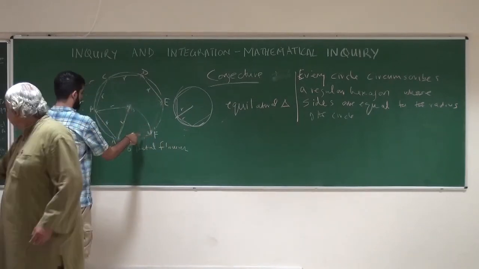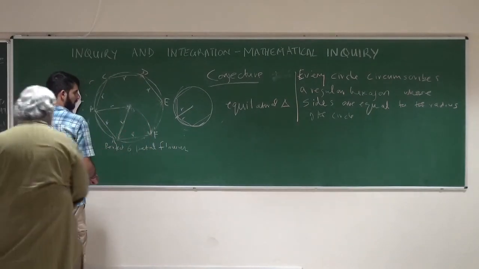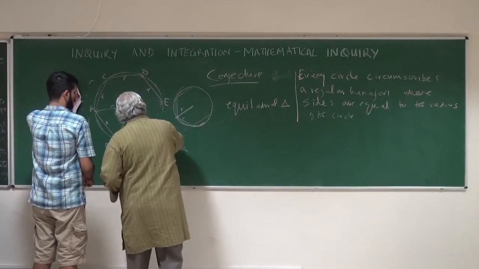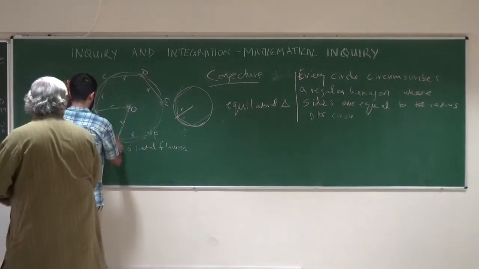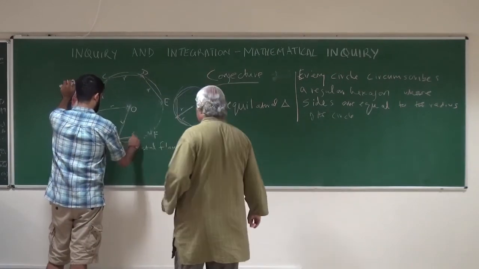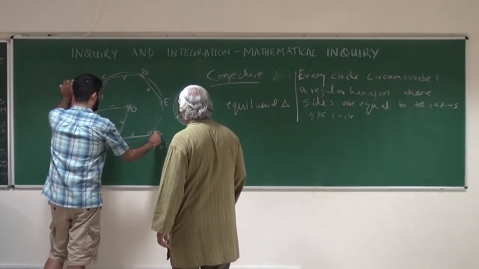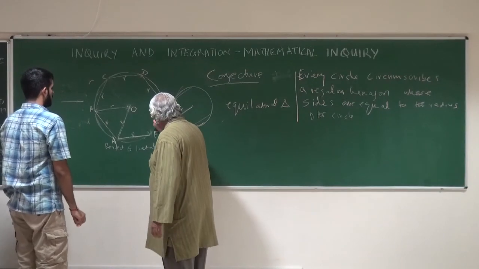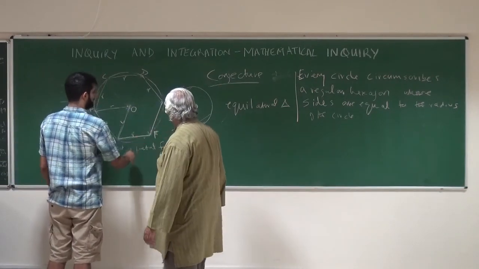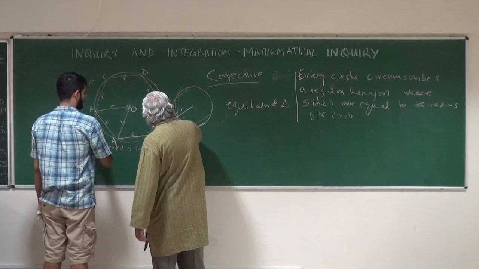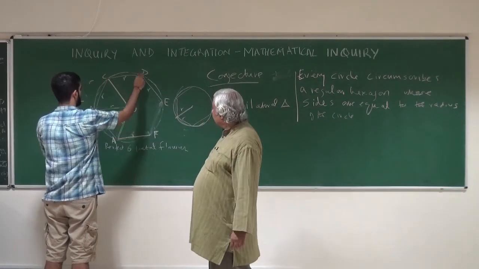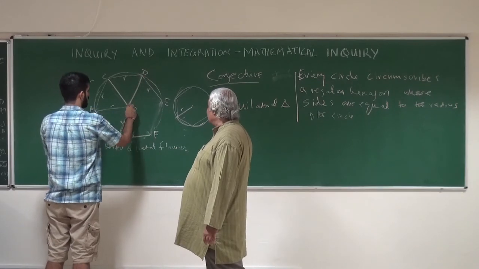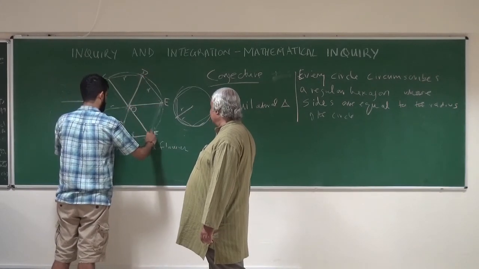This one. This we don't know what the length is. Oh yeah, right, so we leave that. That is also an equilateral triangle. That's an equilateral triangle. That's an equilateral triangle.